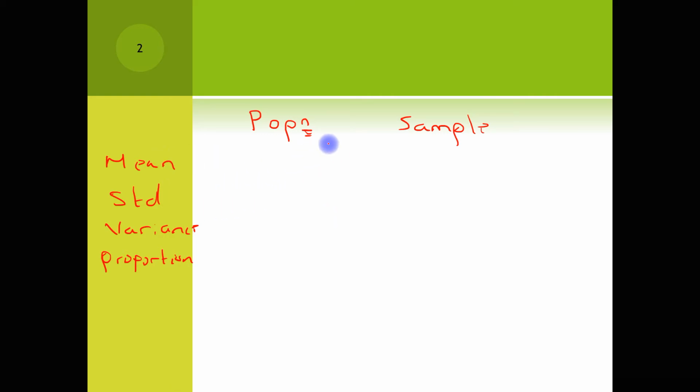Suppose we are going to define the population mean, how can we define it? We define it through the symbol mu, which is a Greek letter used to describe the population mean. And of course, we will have to define the sample mean differently, which is x bar.